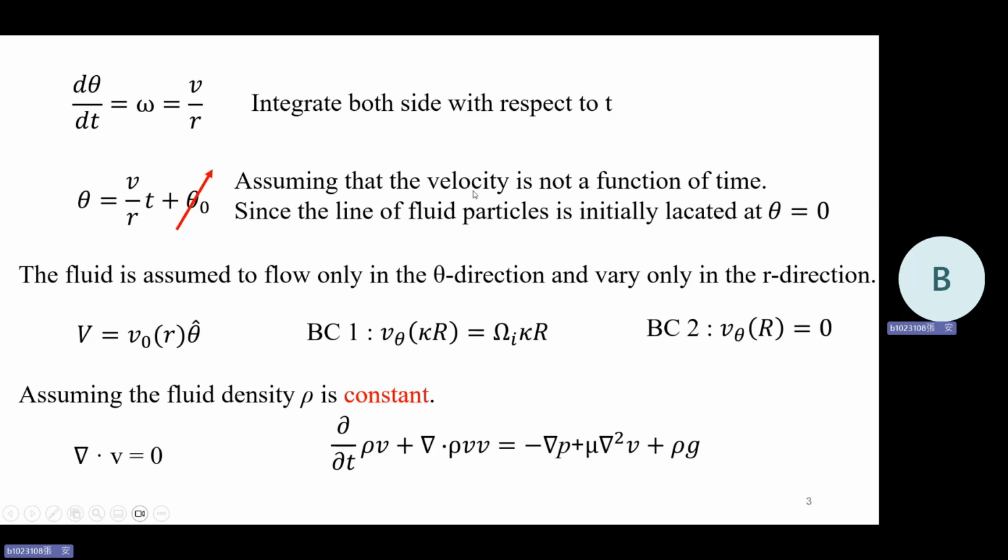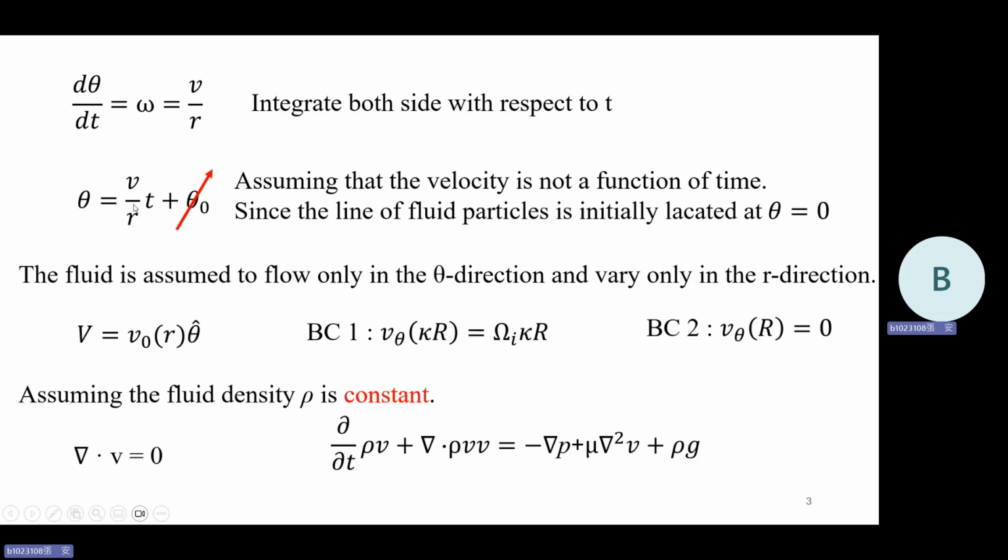In the next part, we will solve for theta as a function of r and t. With the equation of motion, the velocity distribution in the annular space can be determined. The key relationship between the curve theta and the velocity is d theta over dt equals v theta divided by r. Integrating both sides with respect to t, we get this equation.